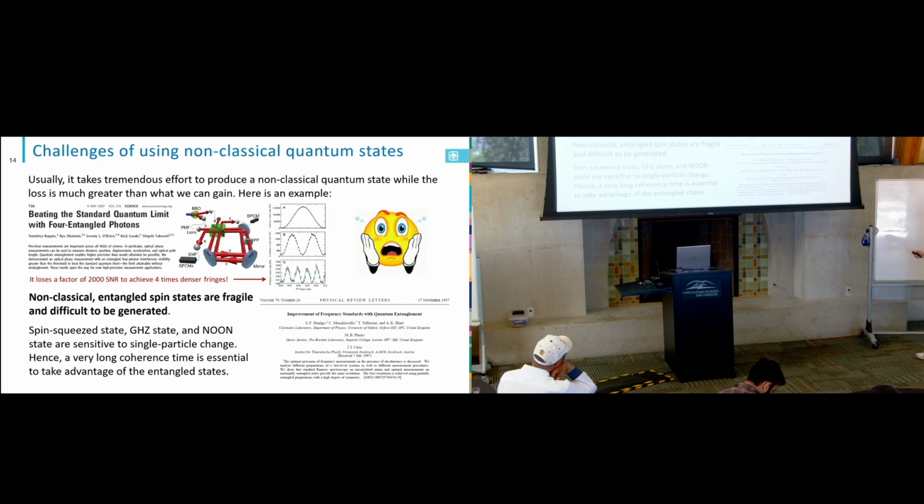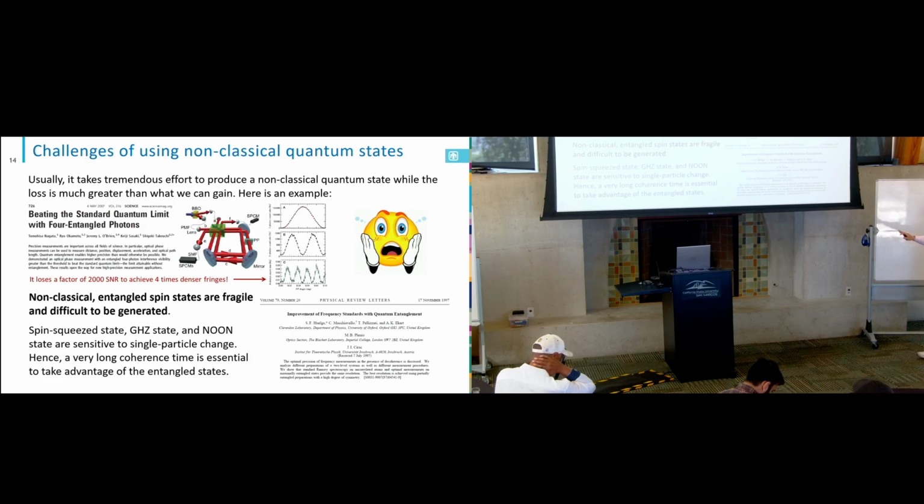So even though we improve the fringe density by a factor of 4, we lose SNR by a factor of 200, so overall the sensing performance is still reduced by a factor of 500, which means it's worse. So that's the main challenge of using the non-classical quantum state, or by my definition, quantum 2.0, to really bring the benefit for specific measurements.